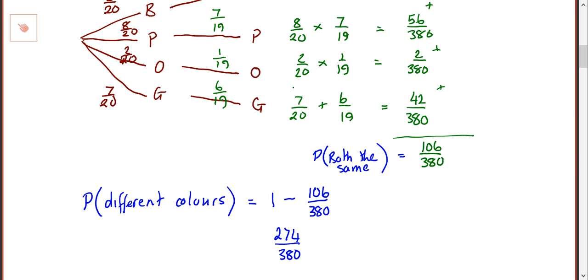So let's just have a quick talk about when could I have a situation where it's a non-replacement question but it's not obvious. Any ideas? A lot of questions will say, a counter is picked and not replaced. A counter is picked and is replaced. So we've got to think of a different situation.